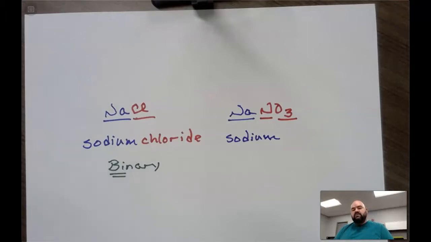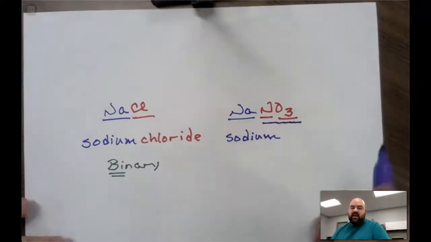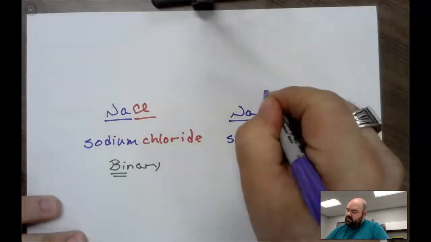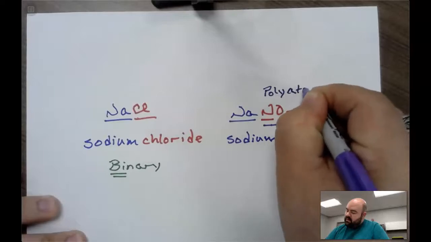So we don't say that it's sodium nitrogen trioxide. Instead, it contains what we call a polyatomic ion. Okay? This right here is what is called a polyatomic ion.